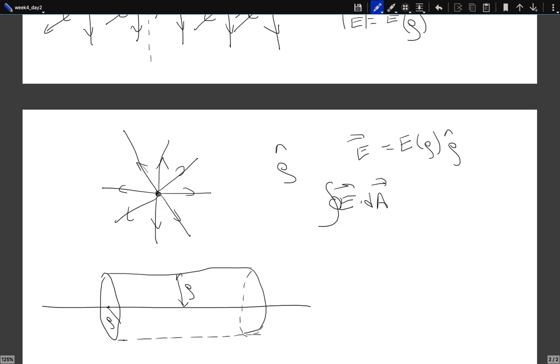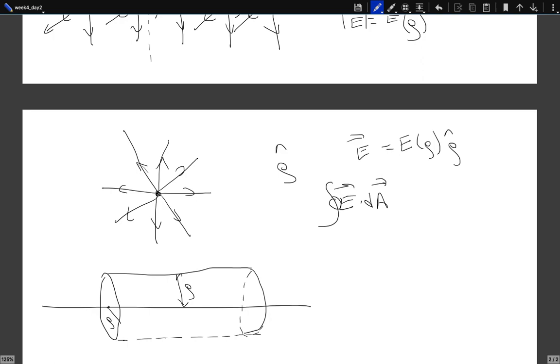So if this is my area vector, how is my surface? It's horizontal, or it is perpendicular to my wire. Basically any plane that is perpendicular to my wire, crossing my wire at 90 degrees, will not contribute to E dot dA.